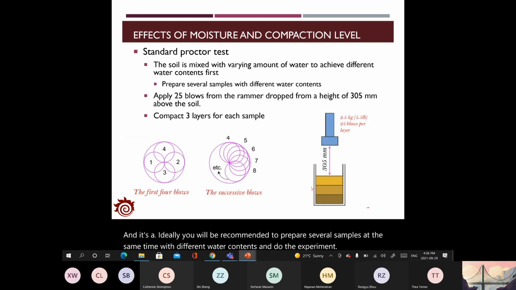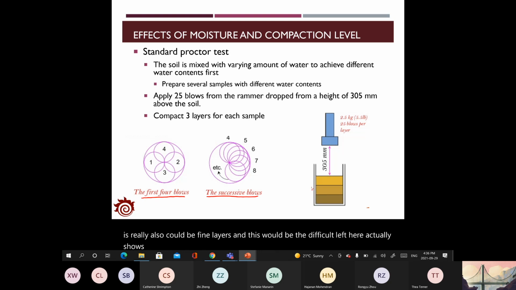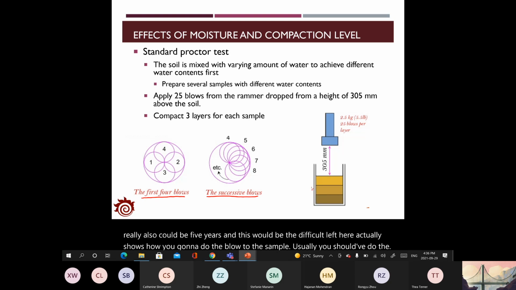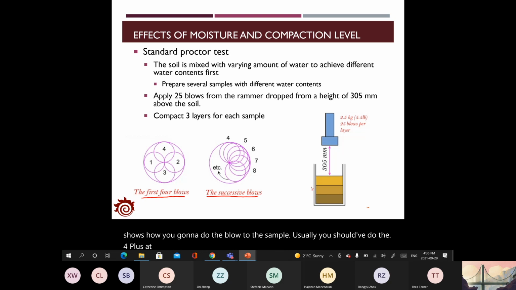And of course, you need to apply the blows to the sample, and it could be 3 layers, it could be 5 layers. The figure on the left shows how you're going to apply the blows to the sample. Usually, you should do 4 blows at the beginning, as shown in the figure.